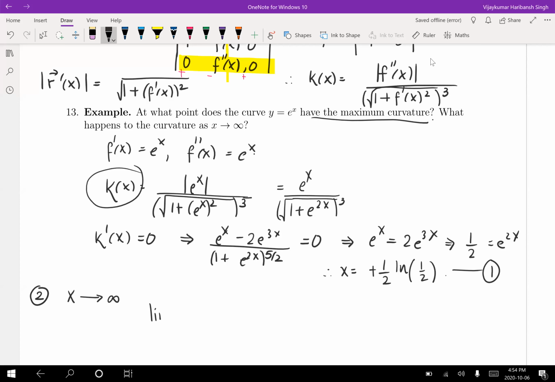So we should work it out: limit as x goes to infinity of k of x, dividing top and bottom by the highest power of e to the x.